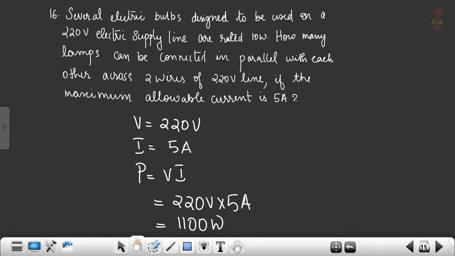The answer is 1100 watt. That is the maximum power of that circuit.